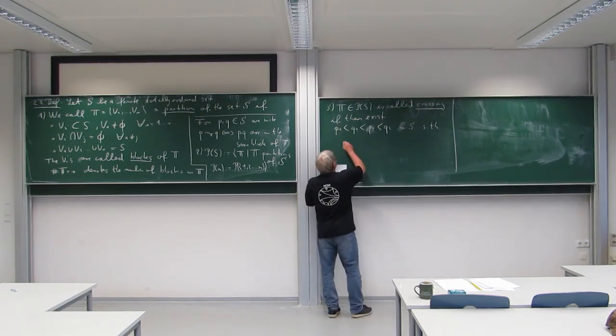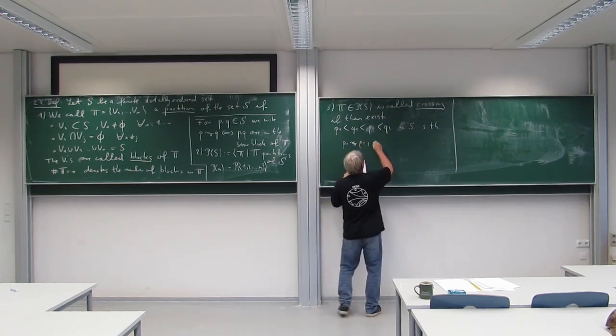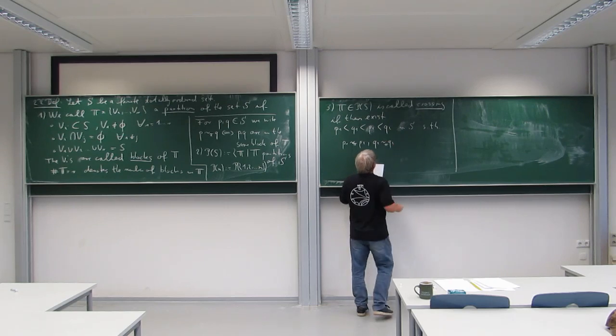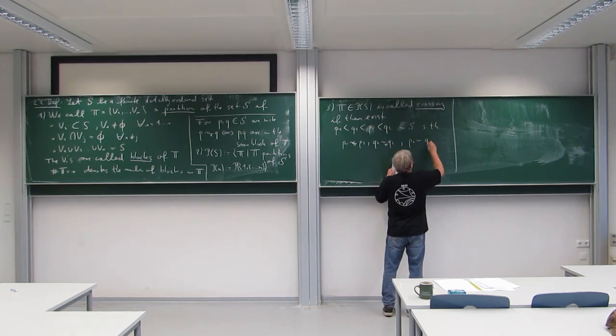So such that p1 is in the same block as p2, q1 is in the same block as q2, but those two blocks are different, so this means p1 is not in the same block as q1.